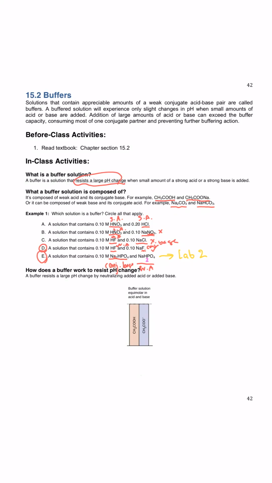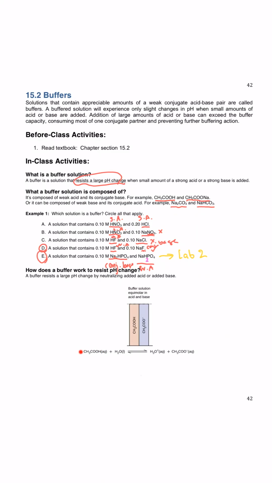How does a buffer work to resist pH change then? A buffer resists a large pH change by neutralizing added acid or added base. Let us take a look at a buffer solution that contains a weak acid, acetic acid, and its conjugate base, acetate ions. In this solution, because both the weak acid and its conjugate base are present in one solution, they will be at equilibrium.